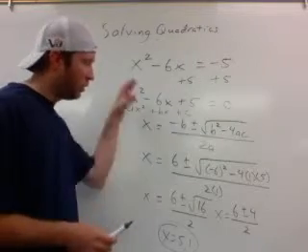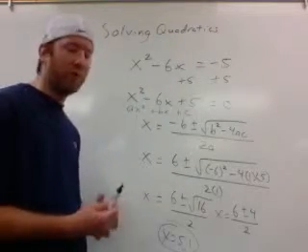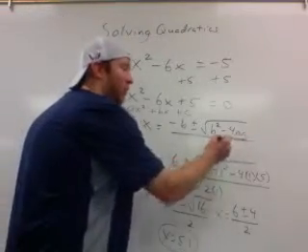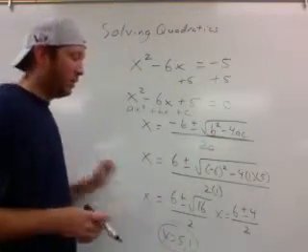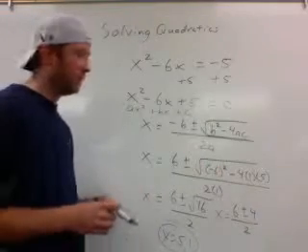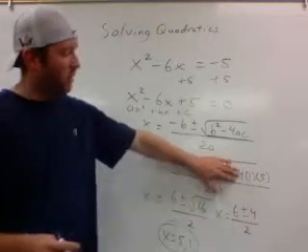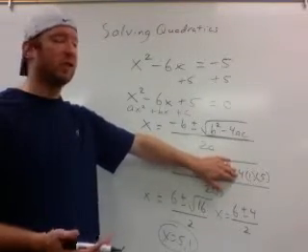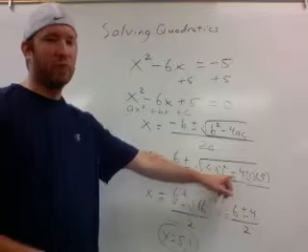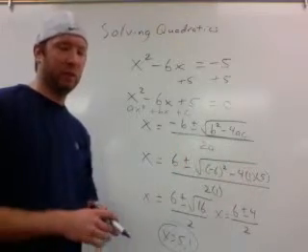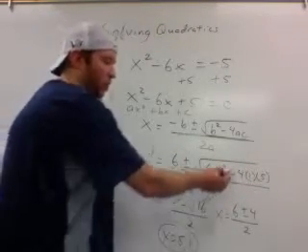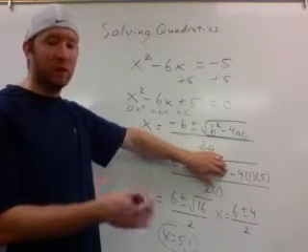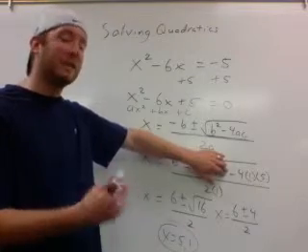Okay. So again, quadratic formula will work every time. You have to set it equal to 0 first. Again, you got to be very careful in here that you do the right math. Negative 6 squared is positive 36. And again, I would probably just look at this as 4 times 1 times 5. That's 20. So that's 36 minus 20, which is 16. Or you could make that 36 and think about this as negative 4 times 1 times 5, which is negative 20.